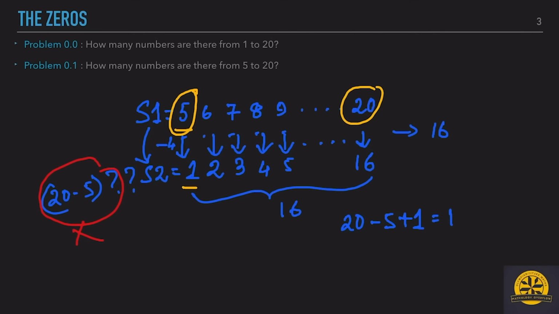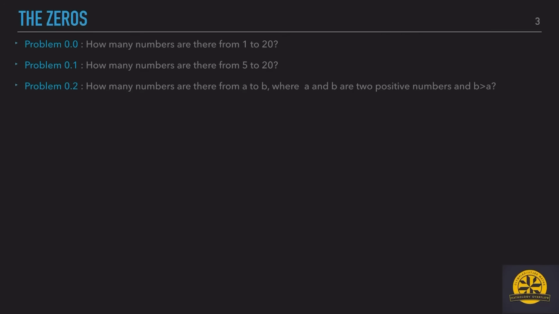Let's take a look at problem 3. We can write the sequence S1 as A, A plus 1, A plus 2, all the way up to B. As we did previously, let's try to convert S1 into a sequence S2 which starts with 1. Once again, what operation can we do over here? We need to subtract A minus 1 from A to get 1.